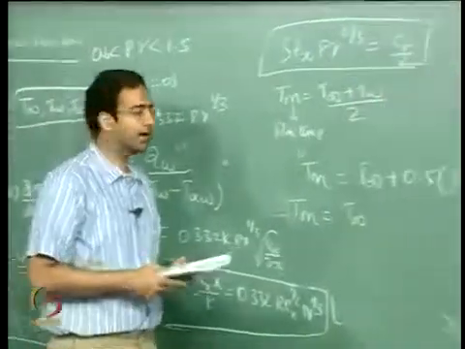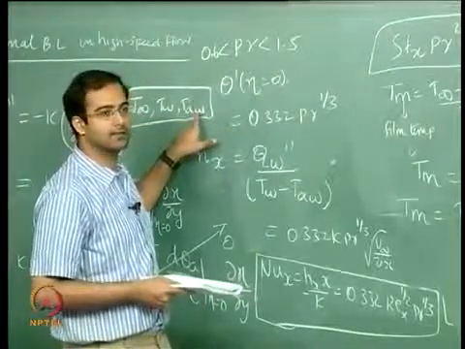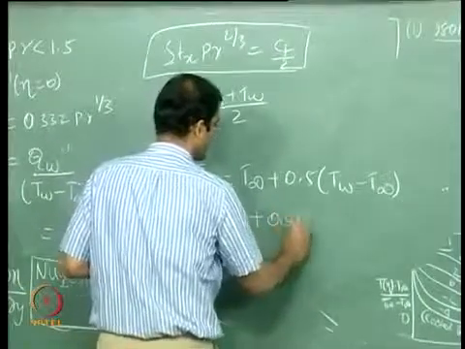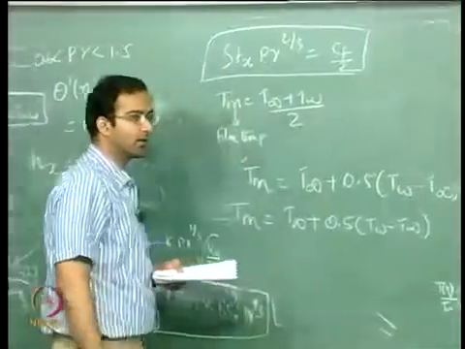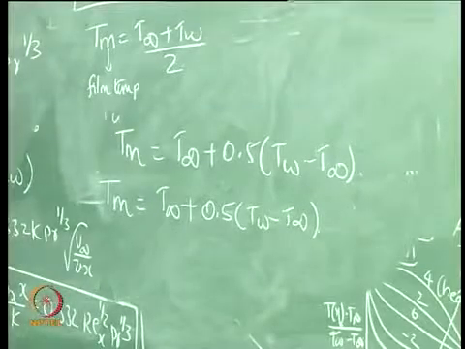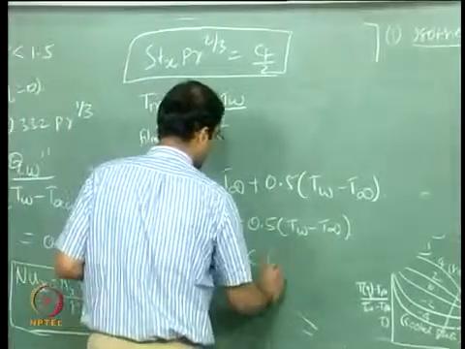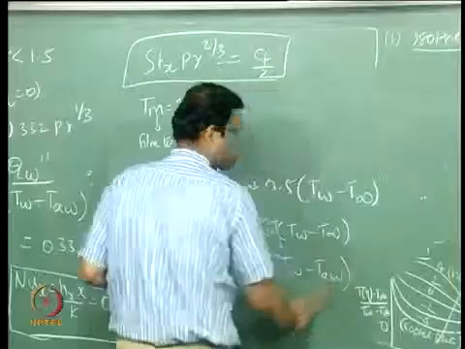So now we have, as I said, 3 different temperatures to non-dimensionalize. Already you have 0.5 into T wall minus T infinity. Now you also want to account for the adiabatic wall temperature somehow. So therefore we define plus another constant into T wall minus T adiabatic wall.